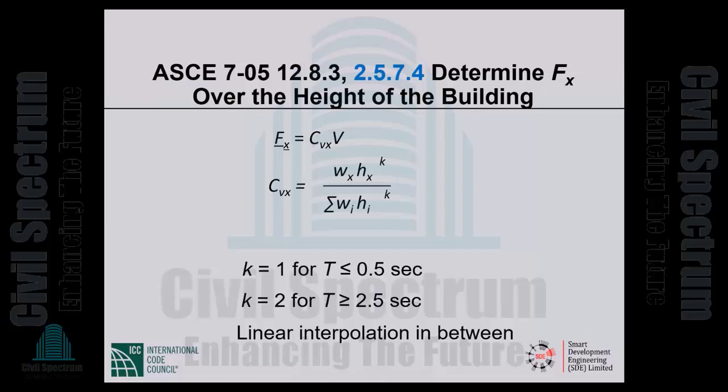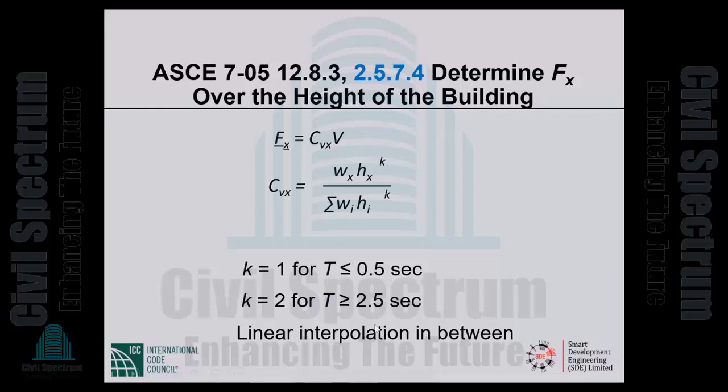The design base shear is distributed along the height of the structure in a linear fashion if period is up to half a second. K of 1 in this expression will give you a linear distribution of the base shear going from 0 at the base to a maximum at the top.